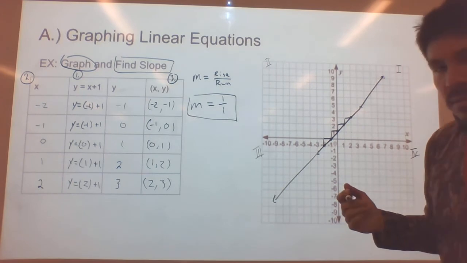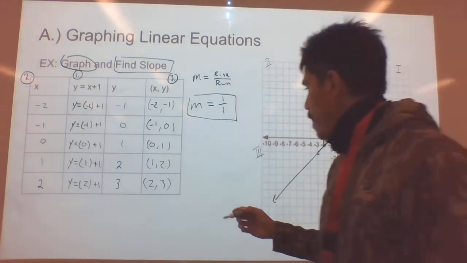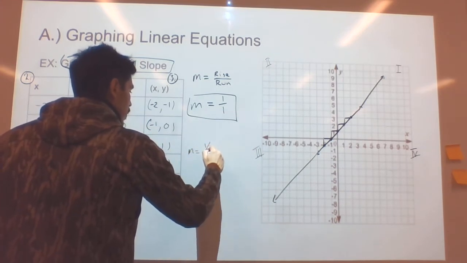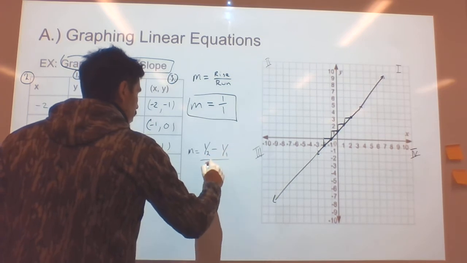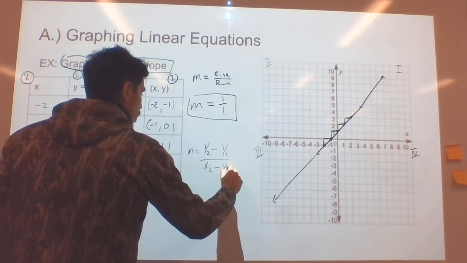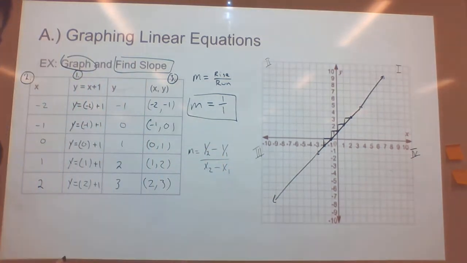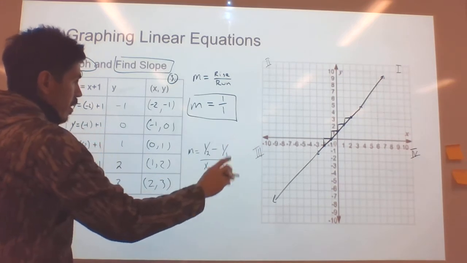You could also find slope a different way by using algebra. We're going to do that right now. We use the slope equation we know from before, and you pick any two points.